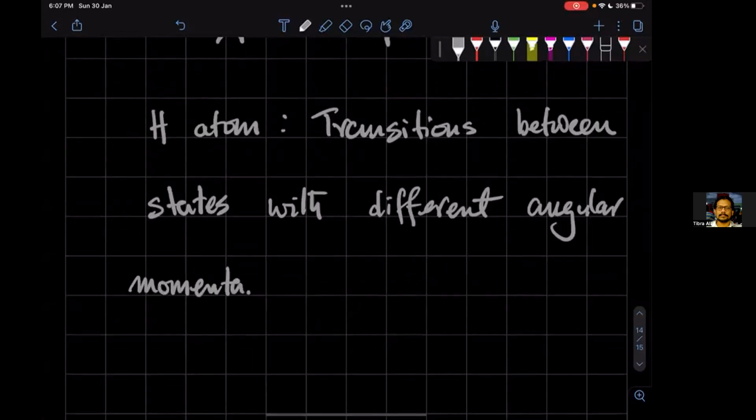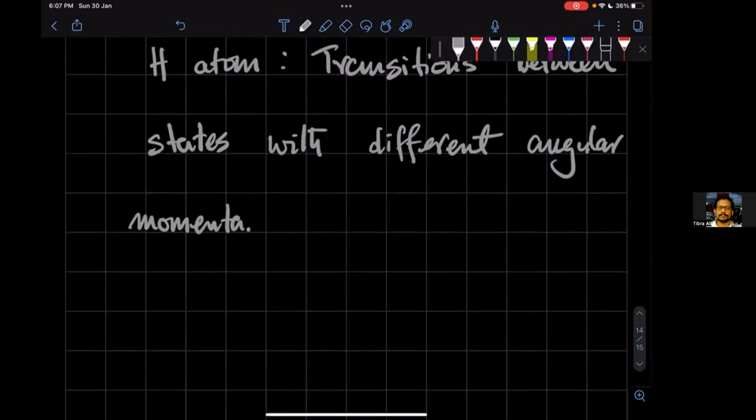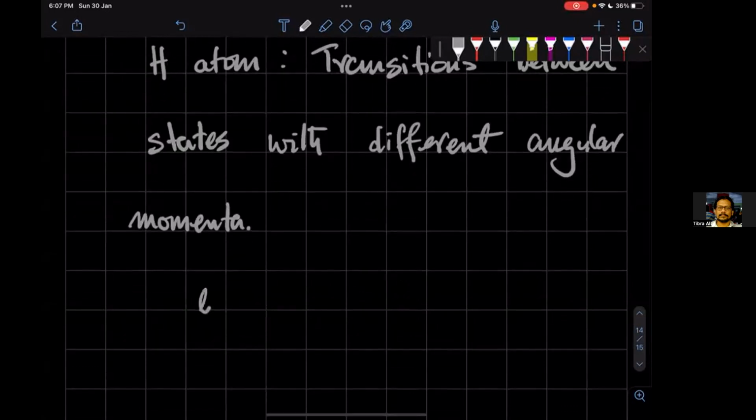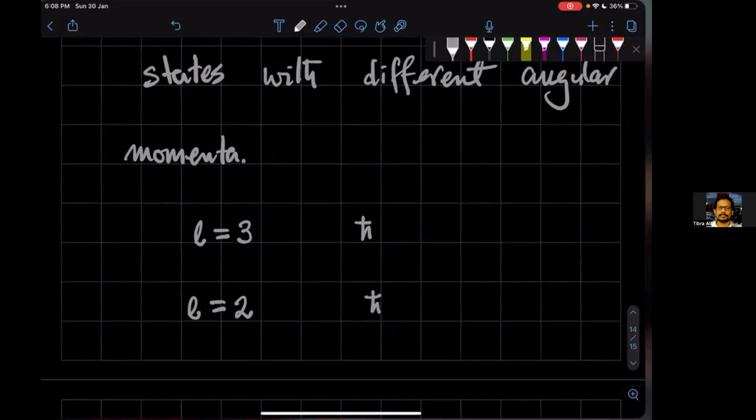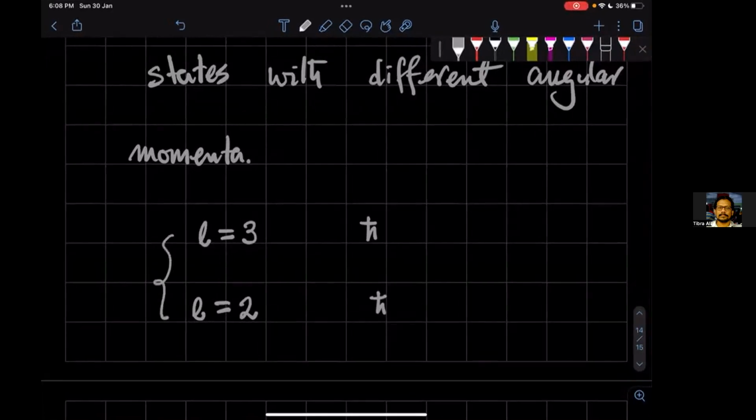What do I mean by that? For the mathematicians, essentially an atom can be in a state where its angular momentum is 3 in some units of h bar. But then the atom can transition to a state where its angular momentum is 2 h bar, losing a lot of energy in making that transition.